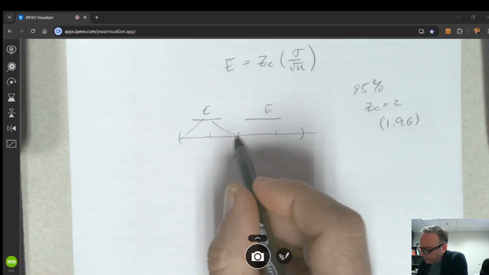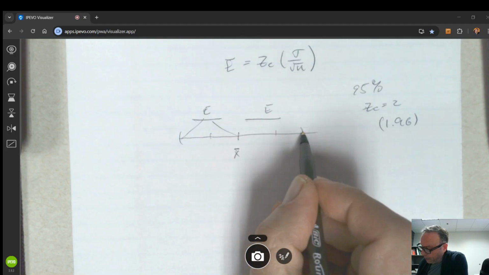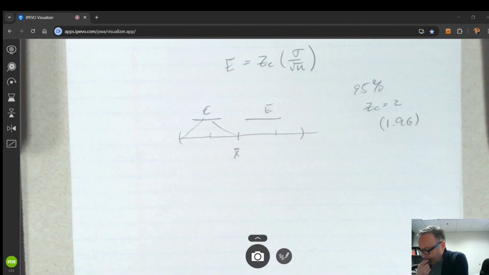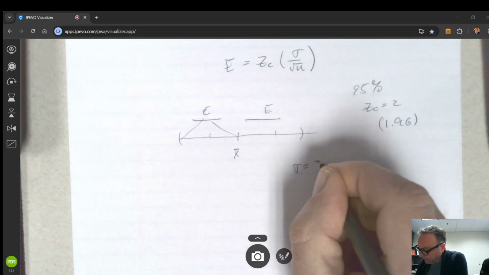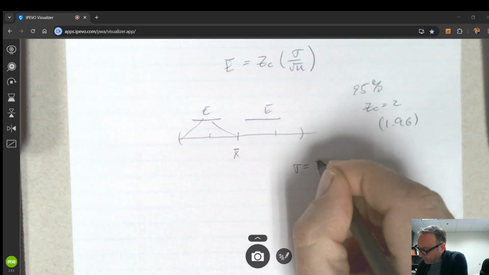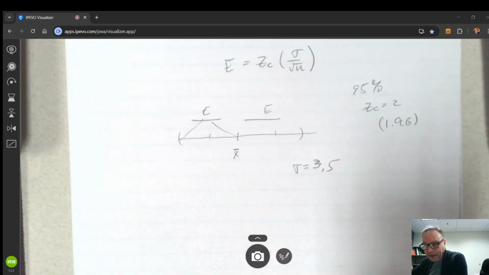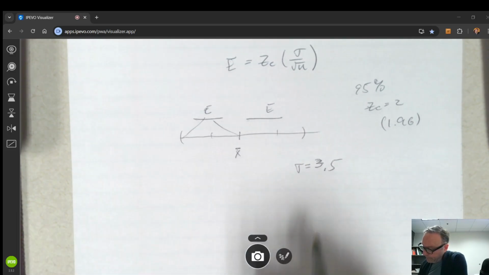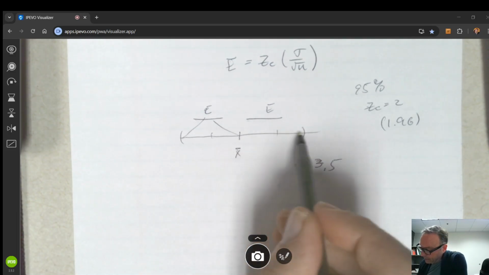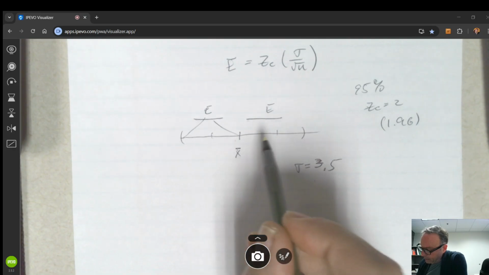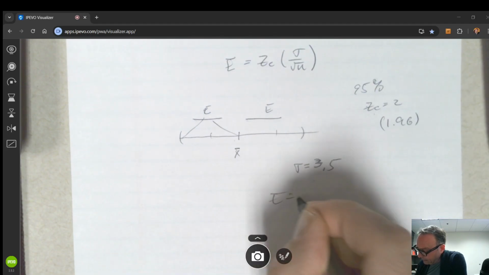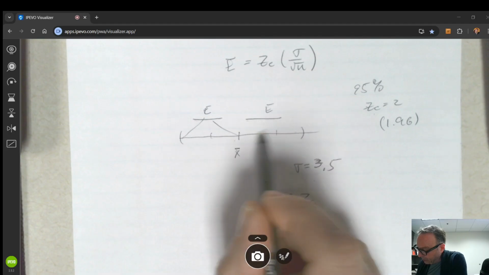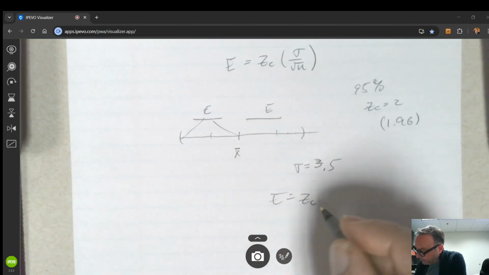Now, how do I know that distance? Well, let's just say my standard deviation is equal to 3.5 pounds. So what's this distance here? This distance is going to be the Z_C. I need 2 standard deviations to get to 95%.